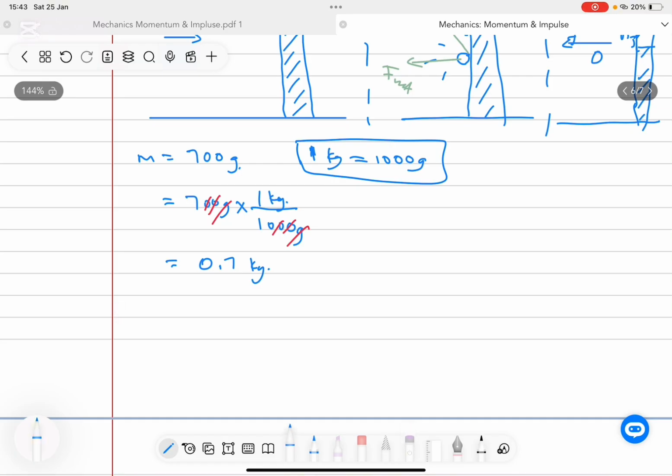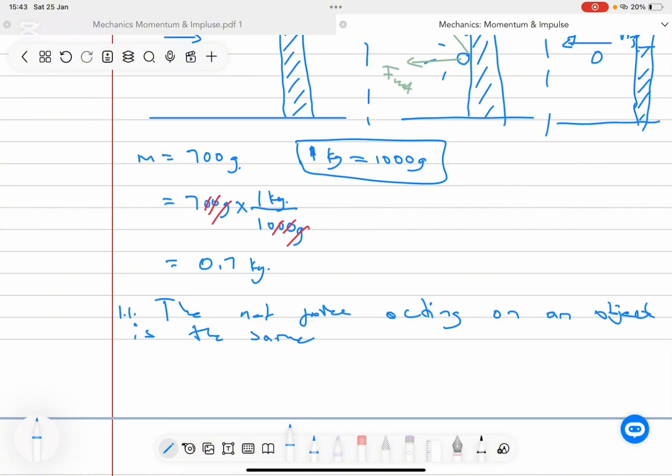To answer this problem, I'm going to then say the net force acting on an object is the same as the rate of change of momentum.